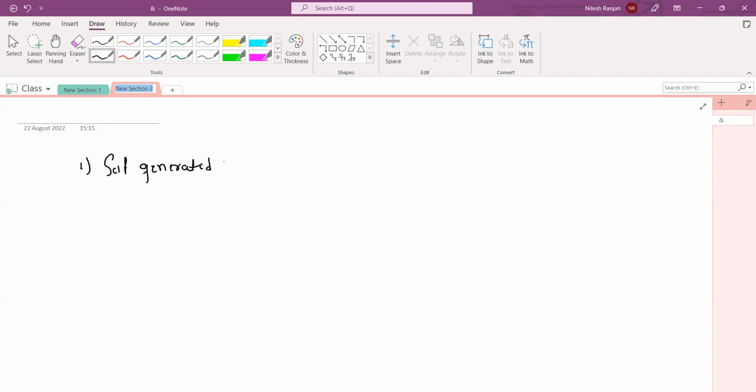Can you tell me what is goodwill? I think you know the definition. These are the two types of goodwill: self-generated goodwill and purchased goodwill.